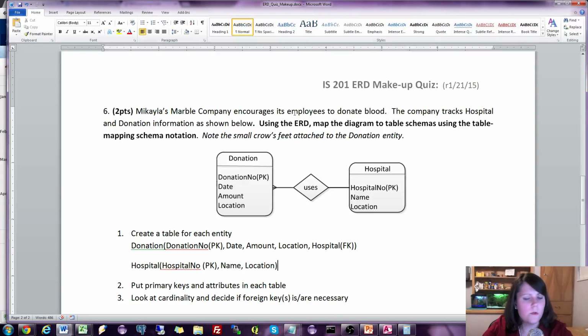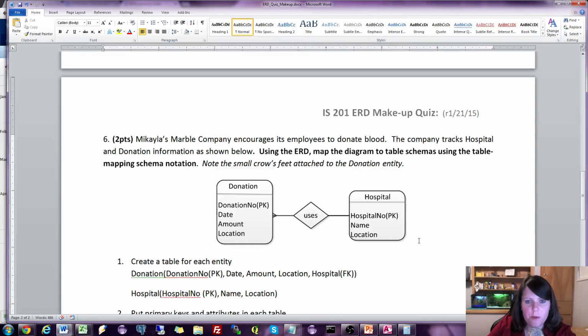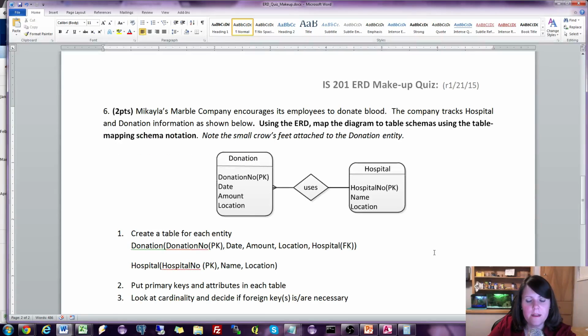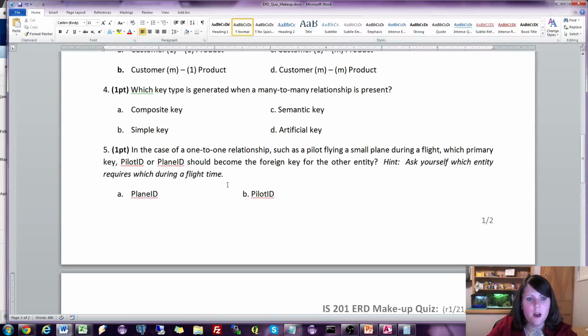I'm not sure that you will encounter this, but we talked about in a one-to-one relationship how to identify which side the foreign key goes on. Essentially we said that whichever side is scariest, that's the side the foreign key needs to go on. For example, in the case of a pilot flying a small plane, which key should become the foreign key for the other entity?